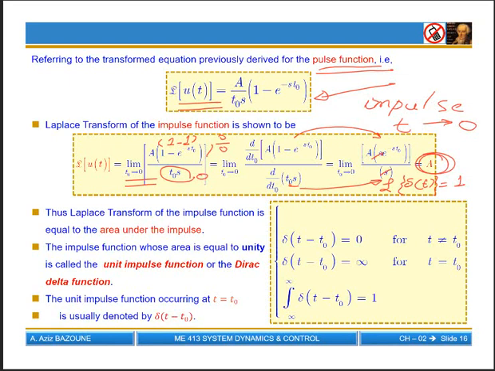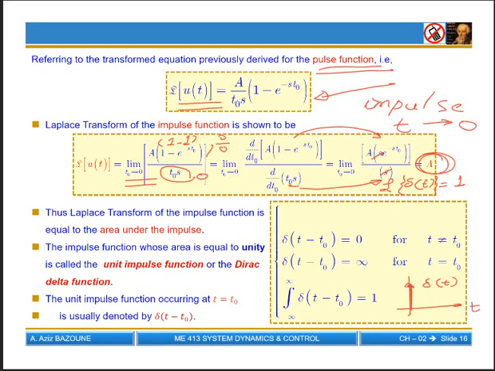So these are the properties of Laplace transform, as you can see here for delta t. Usually you find in your textbook that it is written like this. Here at d, it's delta t. So this one will be delta t, and this one is t. So delta t minus t0 is everywhere 0, except at time t equal to 0.